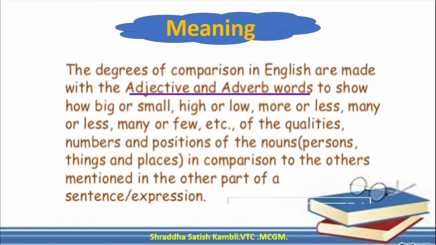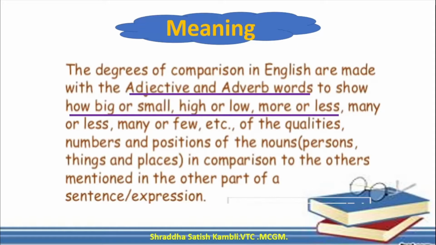And what do they show? They show how big or small, how high or low, how many or few. That is basically, we talk about the qualities and we also talk about the numbers and positions of the nouns. We talk about the numbers also.